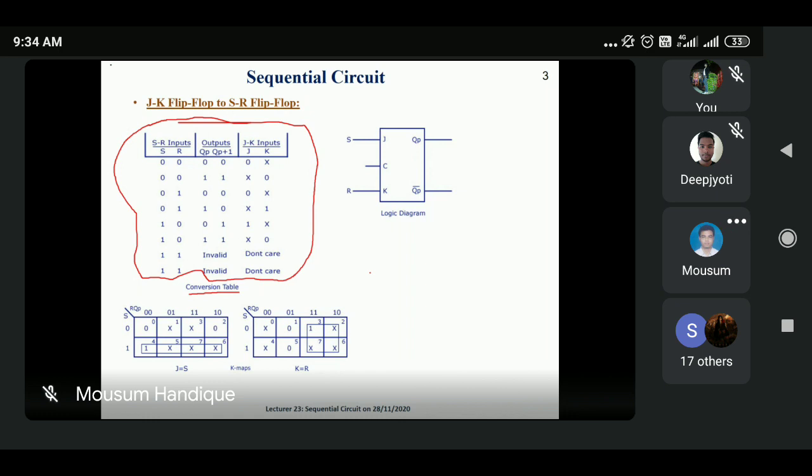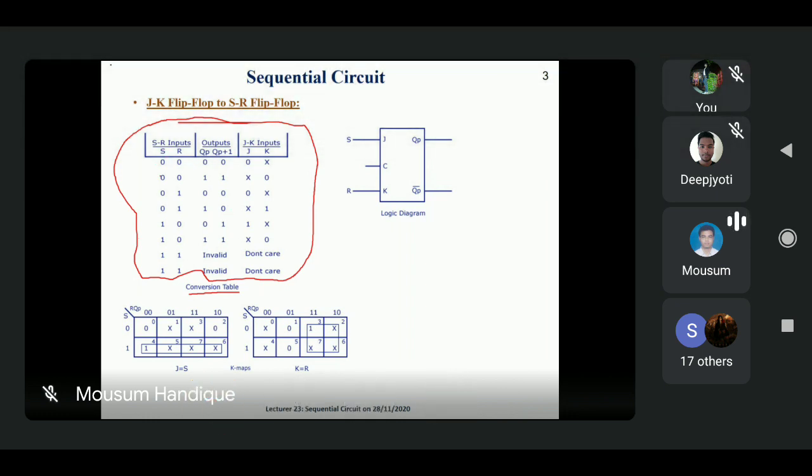Now carefully draw this conversion table, and if you have any doubt constructing it, please ask me.